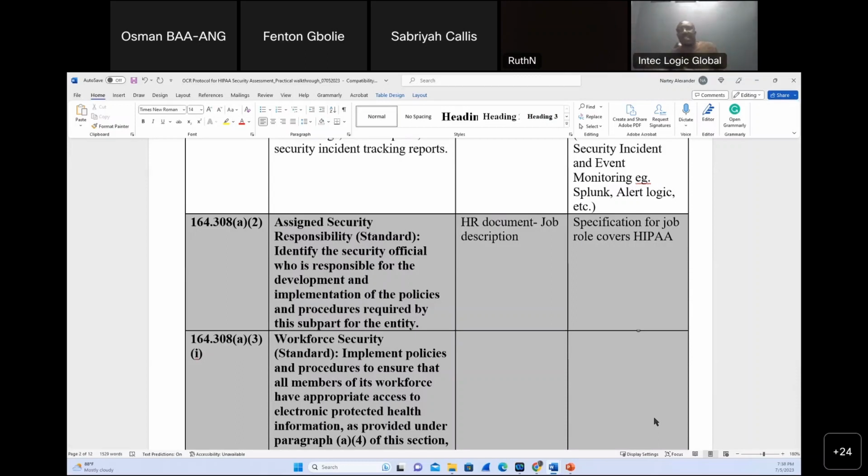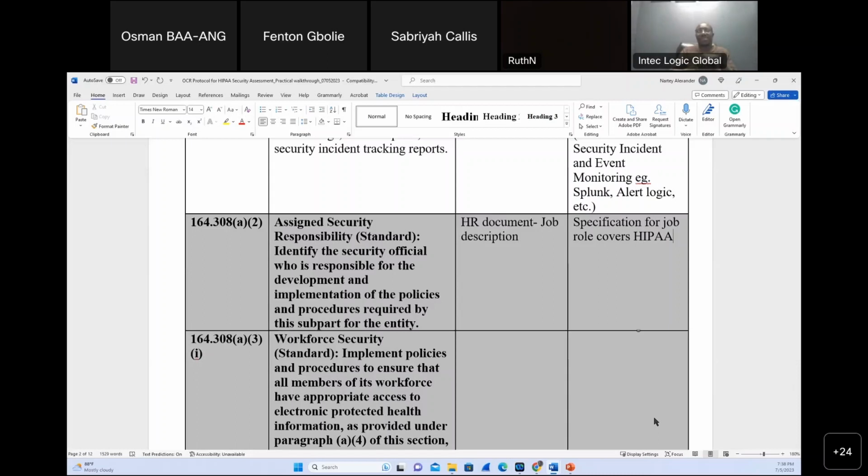How can somebody taking care of patients be a HIPAA security officer? There's a disconnect. If Jeffrey is a nurse but has been employed as a security officer, then Jeffrey's work must be in security, not going to the ward to take care of people. That is what we want to see.